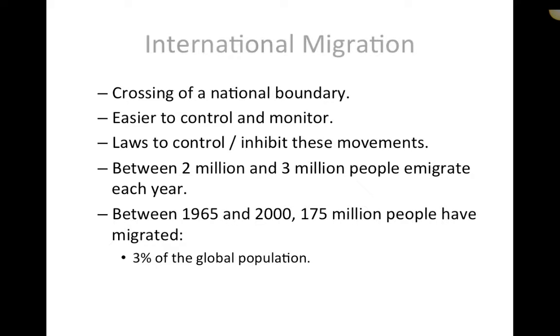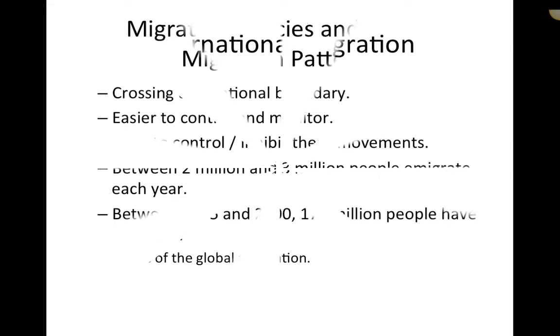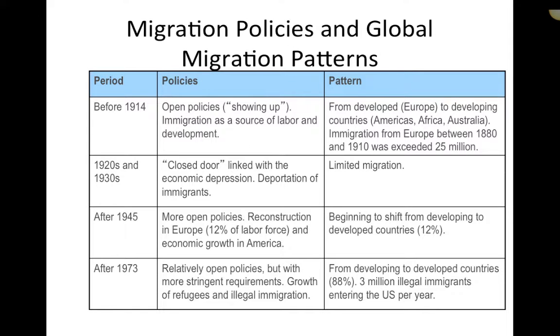So that equals about 3% of the global population. So that's a lot. So just so you can understand how it worked before 1914: open policy, just show up. Major source of labor, coming from Europe, going to developing countries like America, Africa, and Australia.